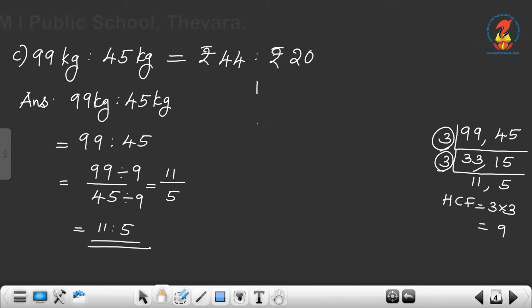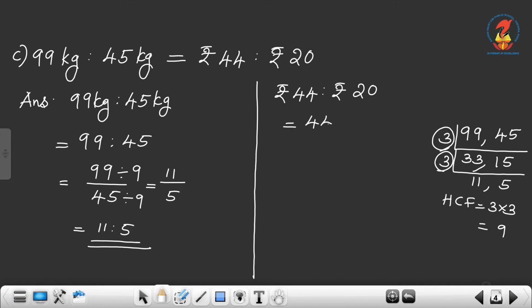Now, consider the other side, rupees 44 is to rupees 20. Rupees 44 is to rupees 20, we can write as 44 is to 20, which is equal to 44 by 20. Now, we can reduce to the lowest form. Can you say which is the highest common factor? We can divide it by 4.